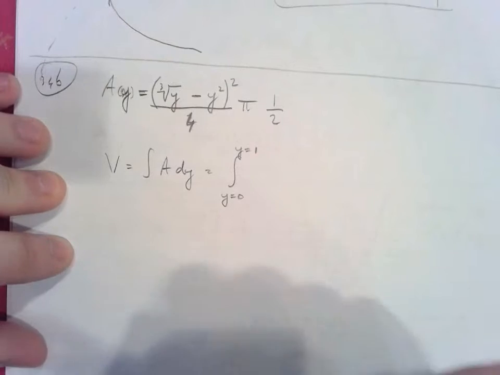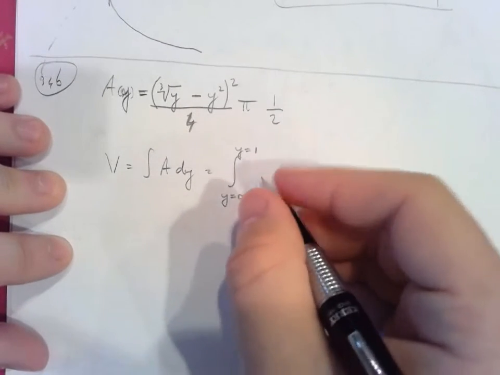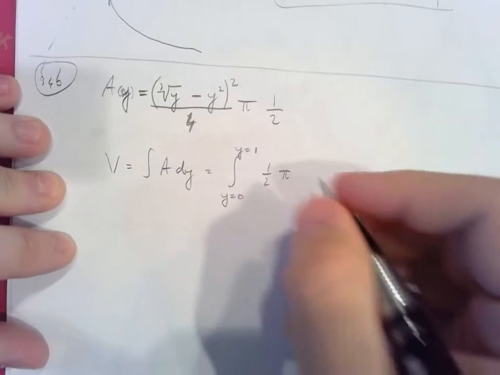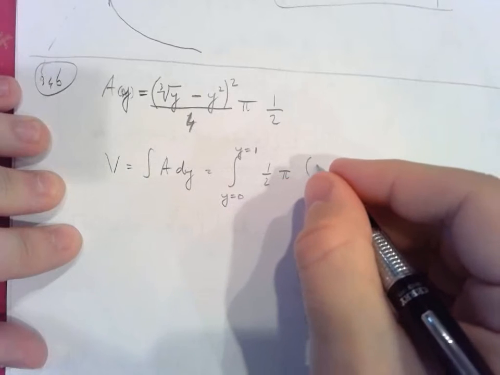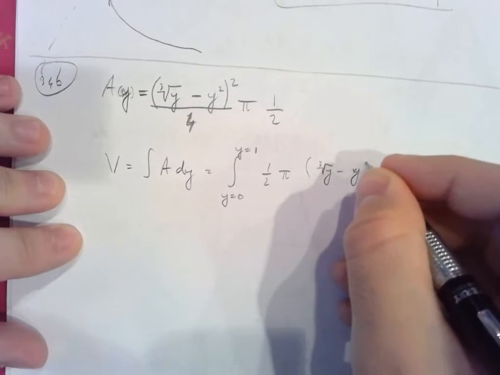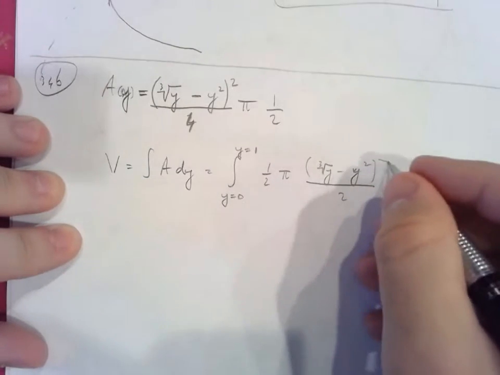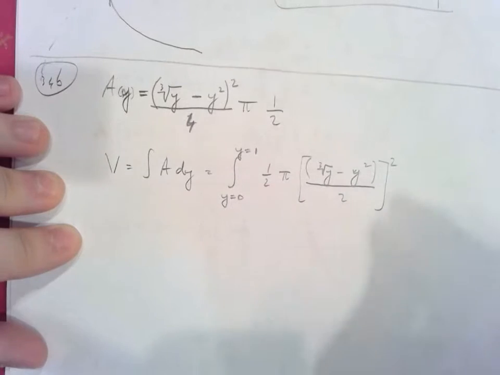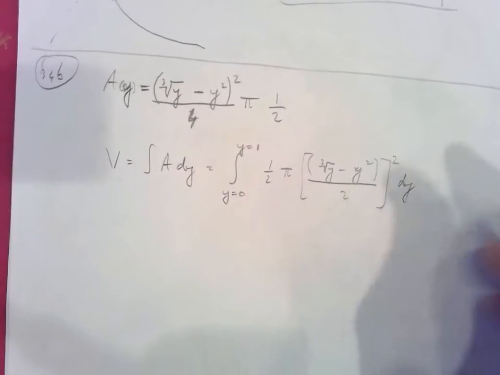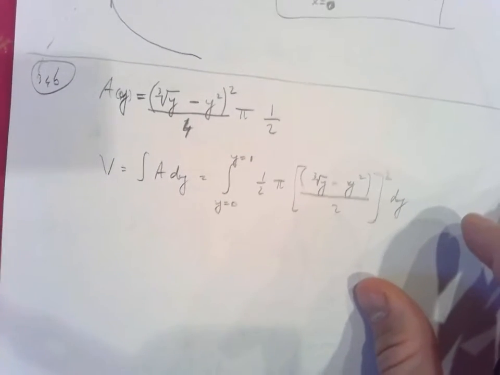So we go from y equals 0 to y equals 1, and what are we integrating? It's 1/2 the area of the circle, so it's 1/2 pi and this is the radius squared dy. So that's this piece right here.